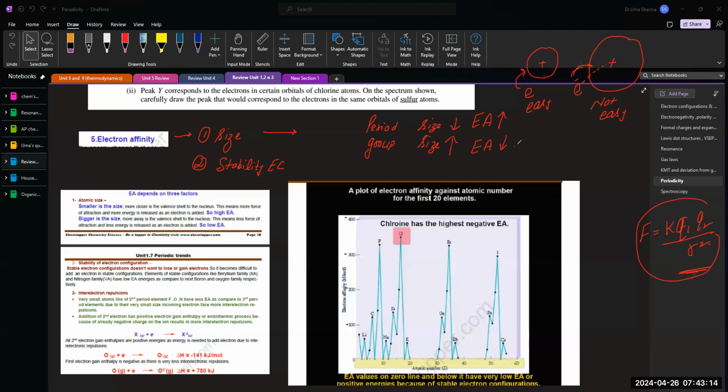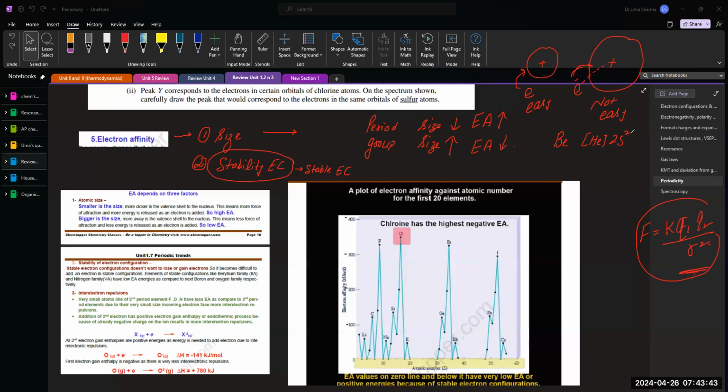But now, anomalous electron configuration. In case of stable electron configuration, will the electron affinity increase or decrease? Stable electron configuration like beryllium. Beryllium is helium 2s2. Do you think beryllium wants to gain an electron? No, it doesn't want to gain an electron.